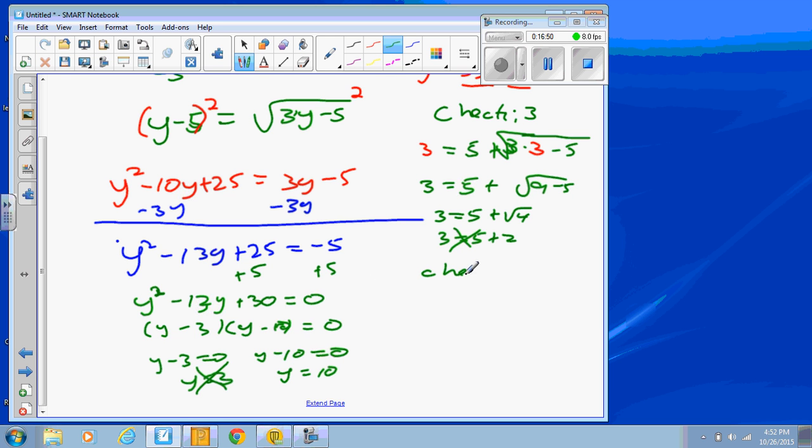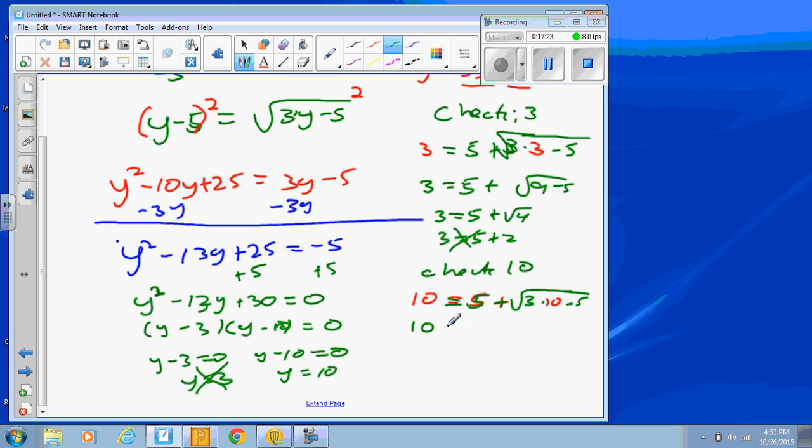Now I'm going to check to see if 10 works. So that's going to be 10 equals 5 plus the square root of 3 times 10 minus 5.